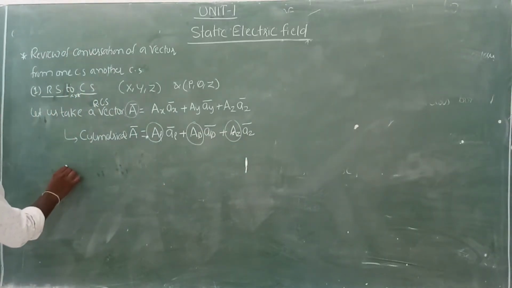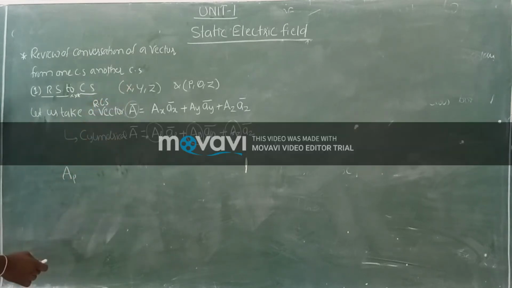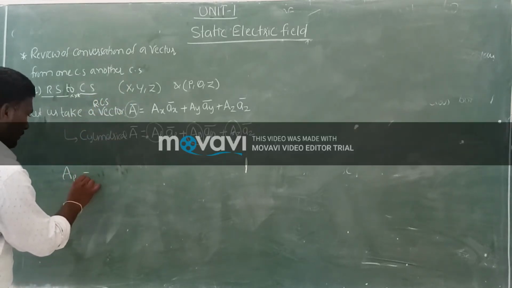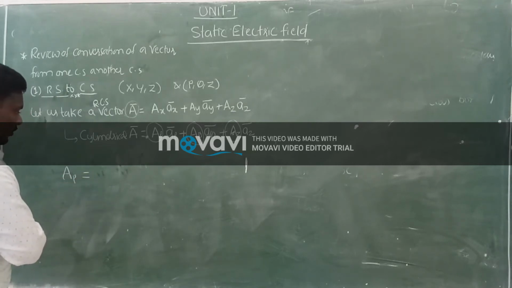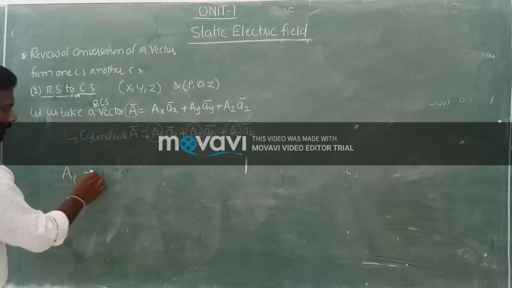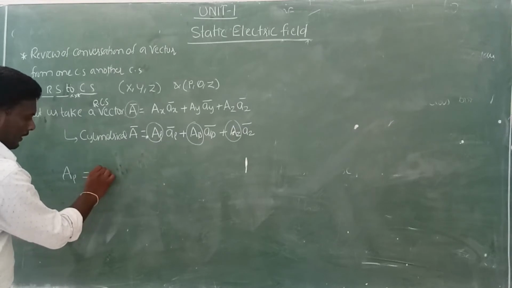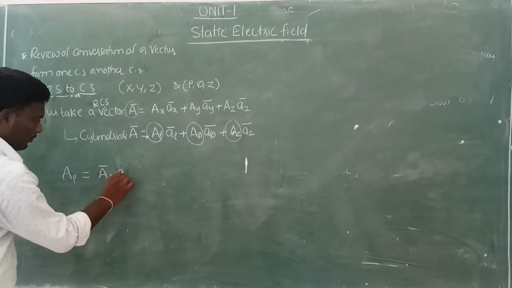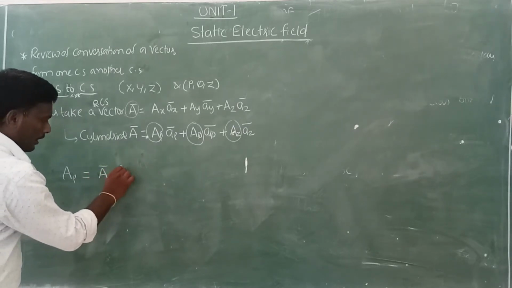I am calculating a rho in terms of the rectangular coordinate system. So a rho I am writing like this: a rho equals a bar dot a rho bar.